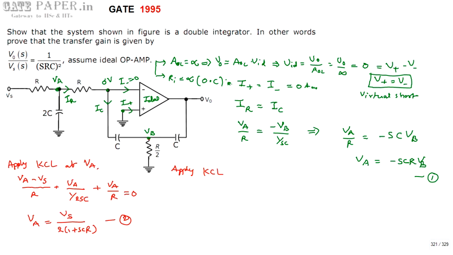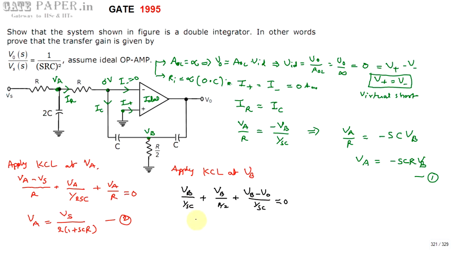Similarly, apply KCL at VB. Now you will get VB in terms of V0. So at VB, you write VB minus 0 divided by 1 by SC, so VB by 1 by SC, plus VB by R by 2, plus VB minus V0 by 1 by SC, plus VB minus V0 divided by 1 by SC, is equal to 0.